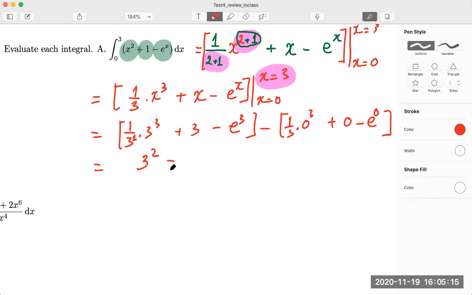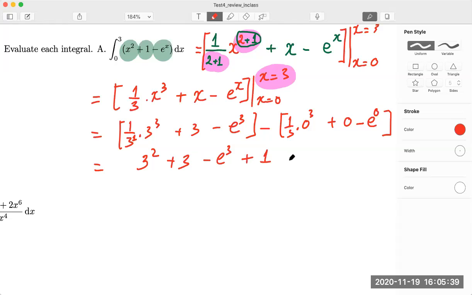And here the number 3 minus e to the 3. e is a constant. Here 0 to the 3 gives us 0. Multiplied with any number will still be 0. And here e to the 0, what is it? 1. And so minus 1 gives us plus 1.